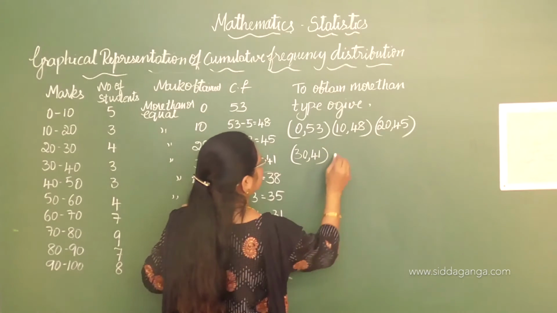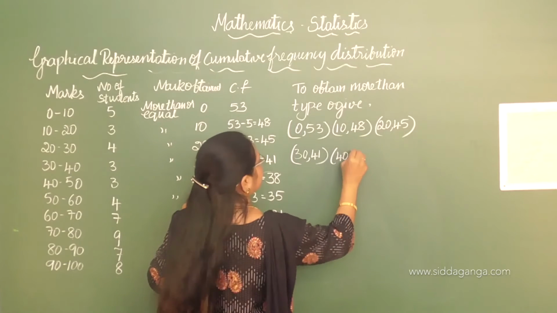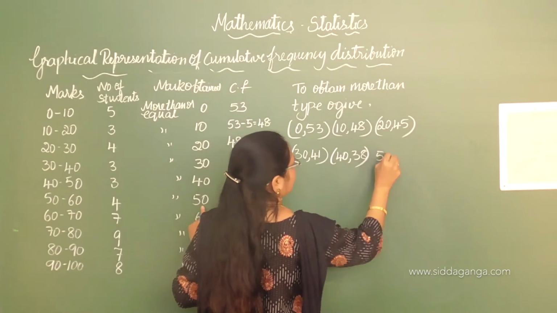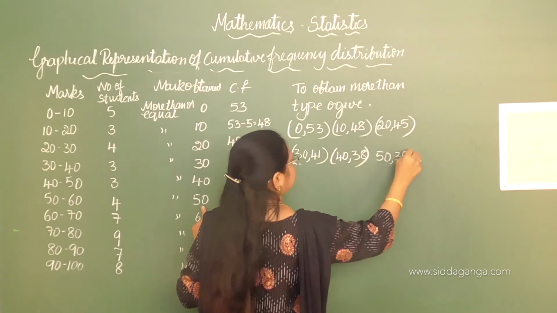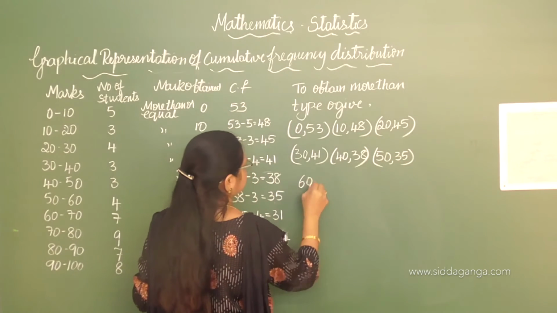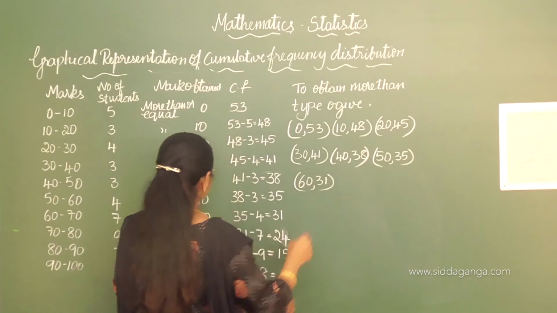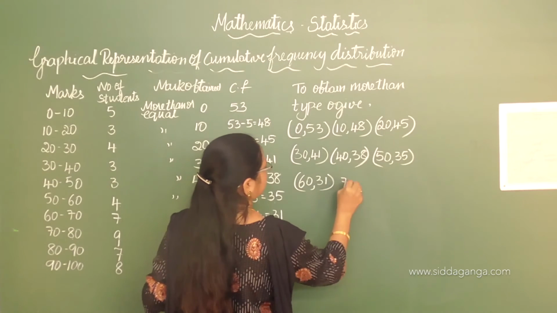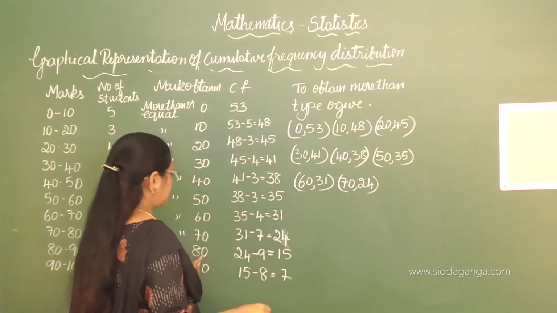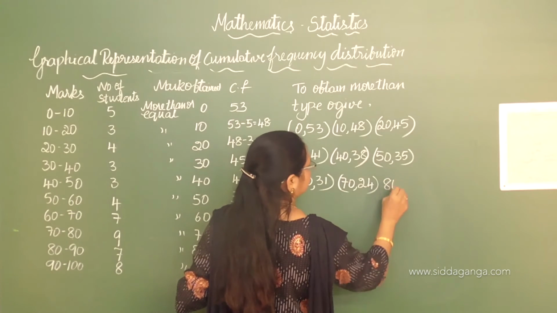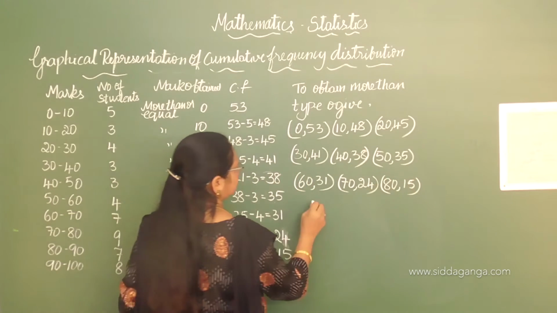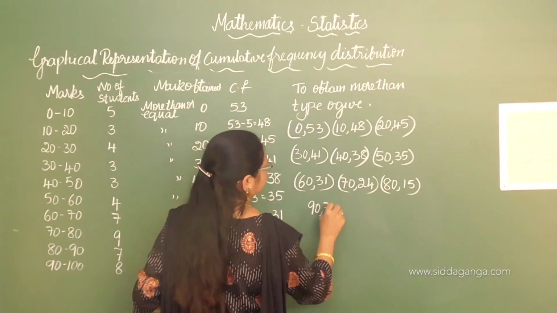Next 40, 38, 50, 35, 60, 31, 70, 24. Next 80, 15. And the last one 90, 7.